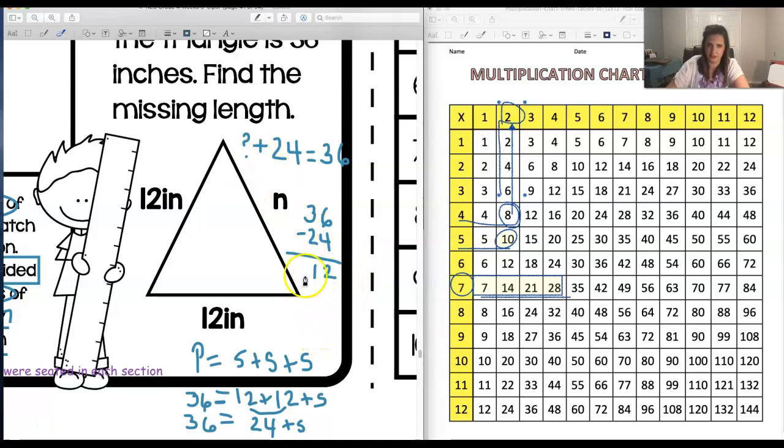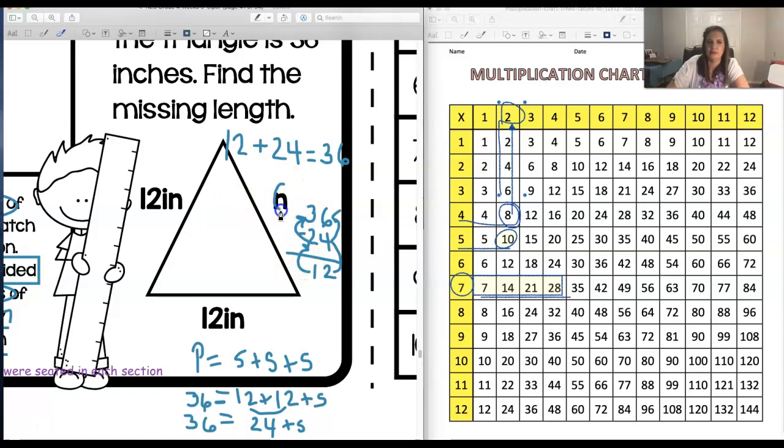My missing number is 12. 12 plus 24 equals 36. And then if you do it backwards, 2 plus 4 equals 6. 1 plus 2 equals 3. Then you know you're right.